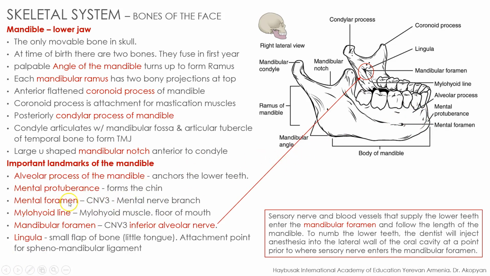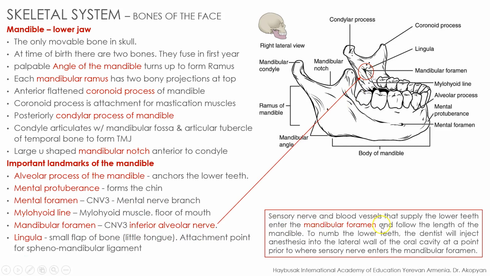The mylohyoid line, which is midline, anterior and inferior, is for the mylohyoid muscle attachment, which forms the floor of the mouth. The mandibular foramen, which is on the midline of the ramus of the mandible, medially, houses the inferior alveolar nerve, another branch of the fifth trigeminal nerve.